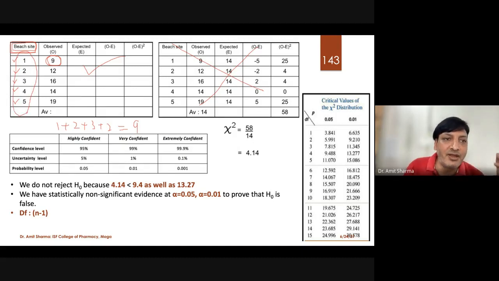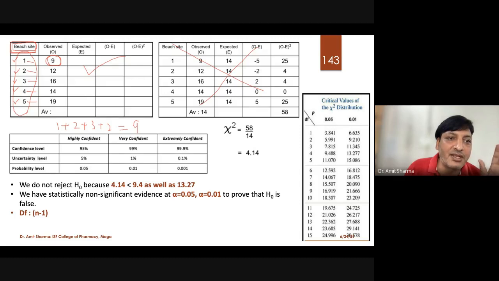So the examiner, if they want to confuse you, will give data like this in terms of numbers, but these numbers are not representing data. They are just serial numbers or beach sites. See, they have written on the top that these are site number 1, site number 2, site number 3, site number 4, site number 5. So this 5 does not mean that 5 individuals or 5 patients are there.